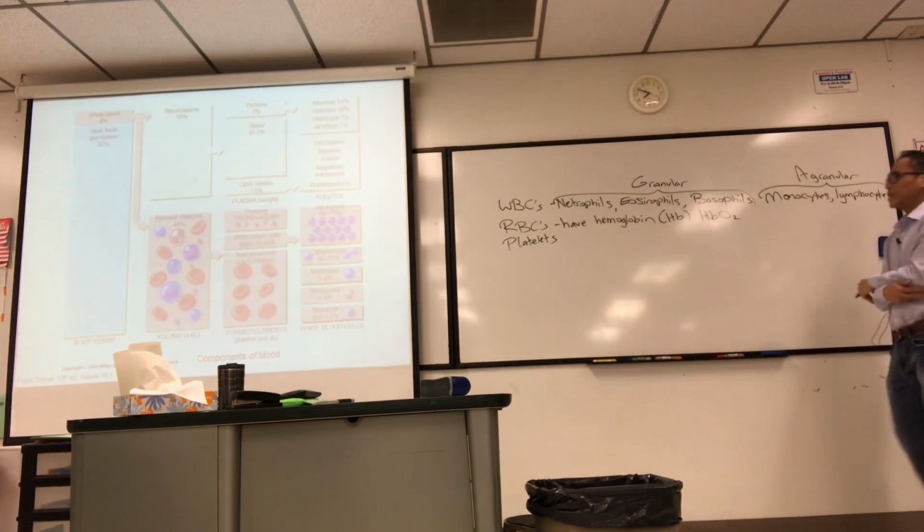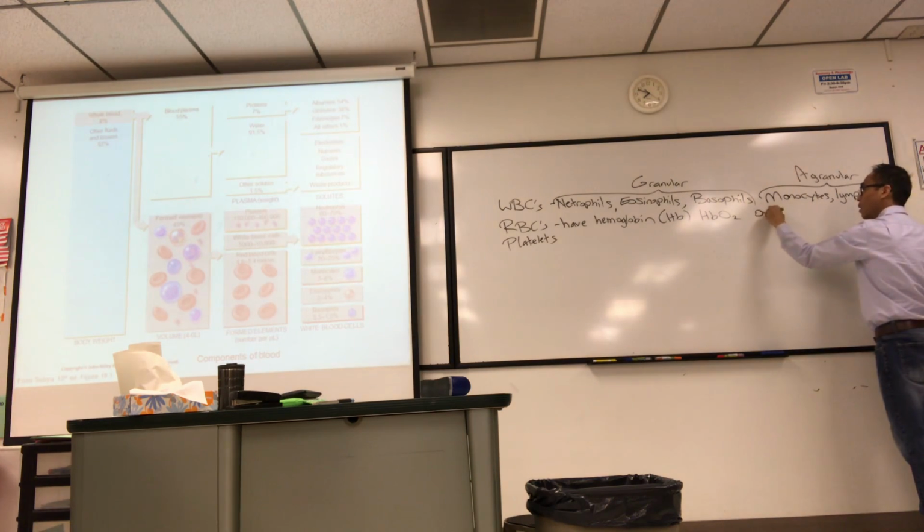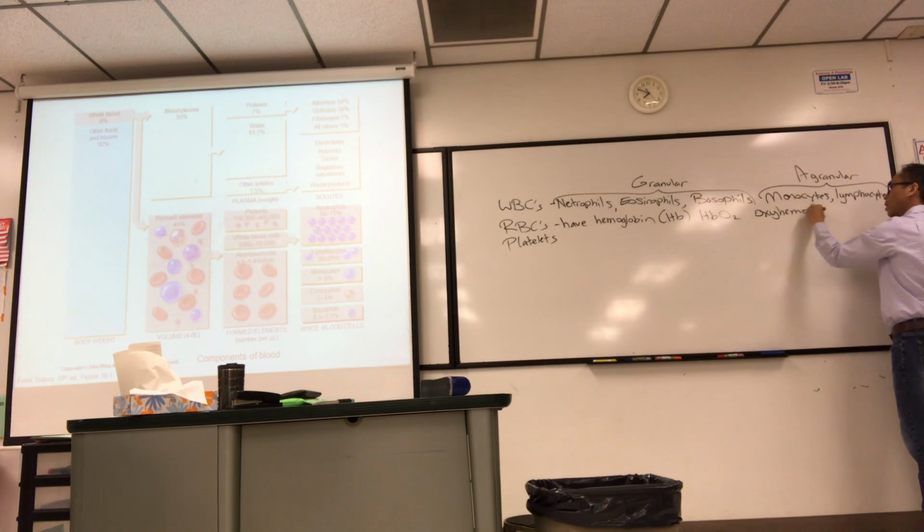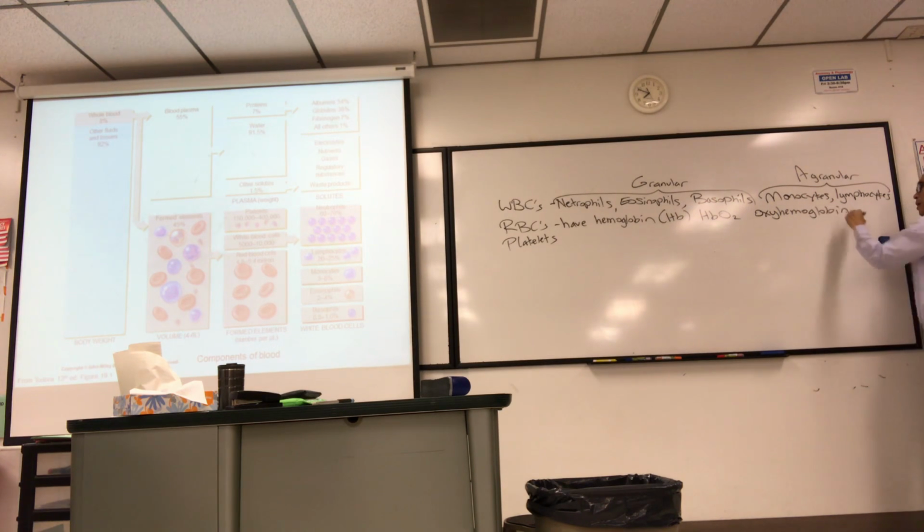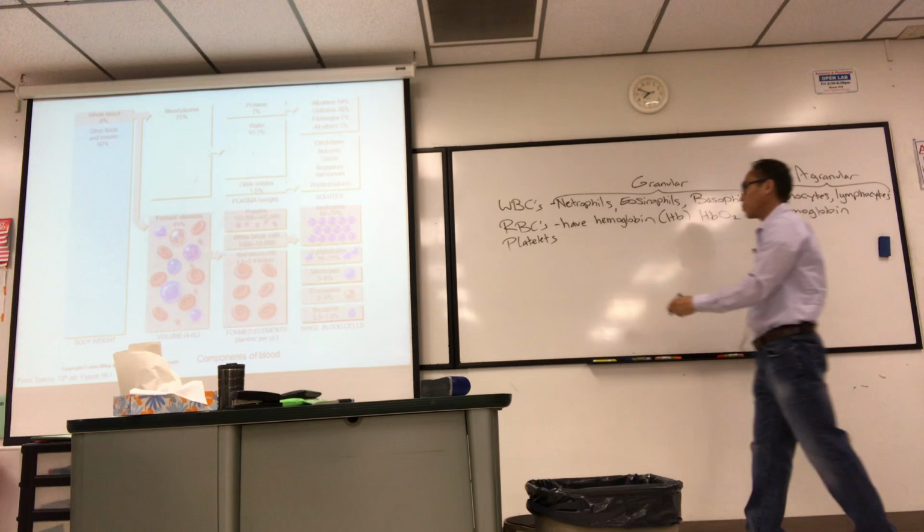HbO2 is oxyhemoglobin, because it binds oxygen in the capillaries of the lungs. And the platelets are the thrombocytes. You have clotting factor 1, fibrinogen, but platelets can also, in some cases, help initiate blood clotting. Platelets are also known as the thrombocytes.